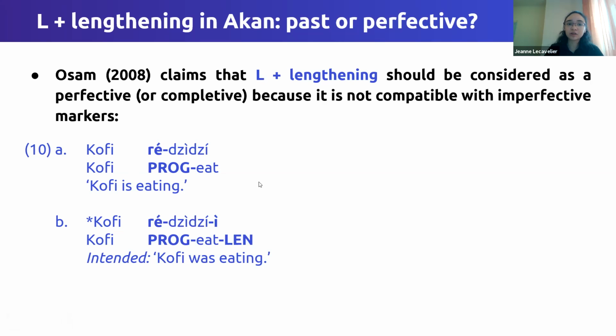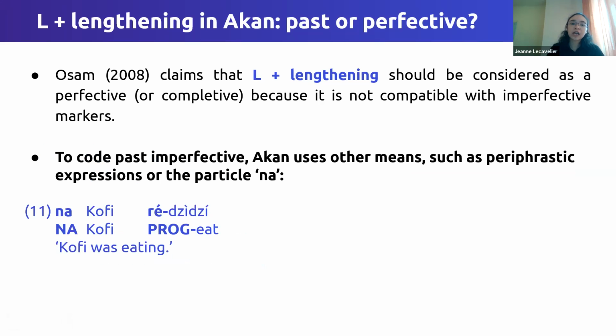Although logically this should be possible if the low tone and lengthening expressed the past, because from a logical point of view, their meanings are compatible. And actually, if you want to code past imperfective, you can use some other means, such as the particle na, which codes a lot of things, but here it codes past.